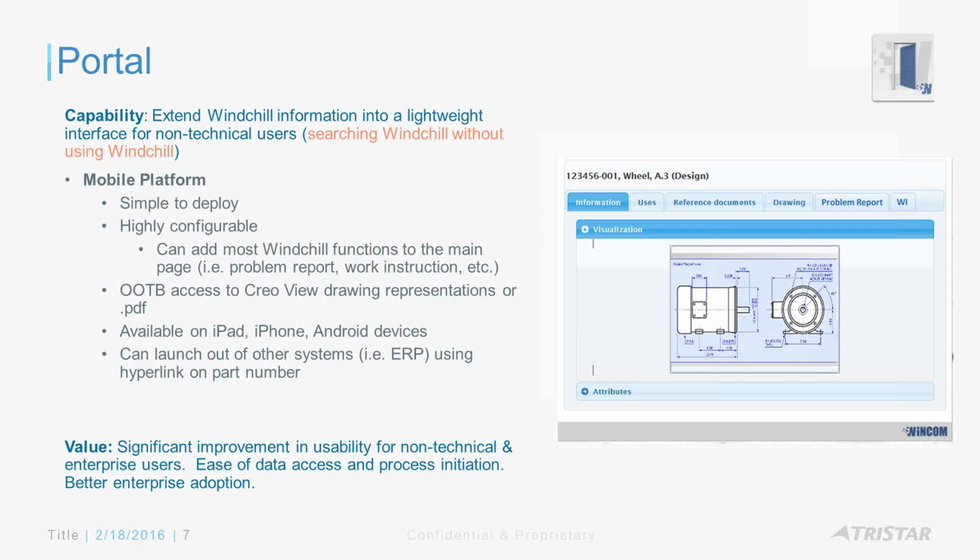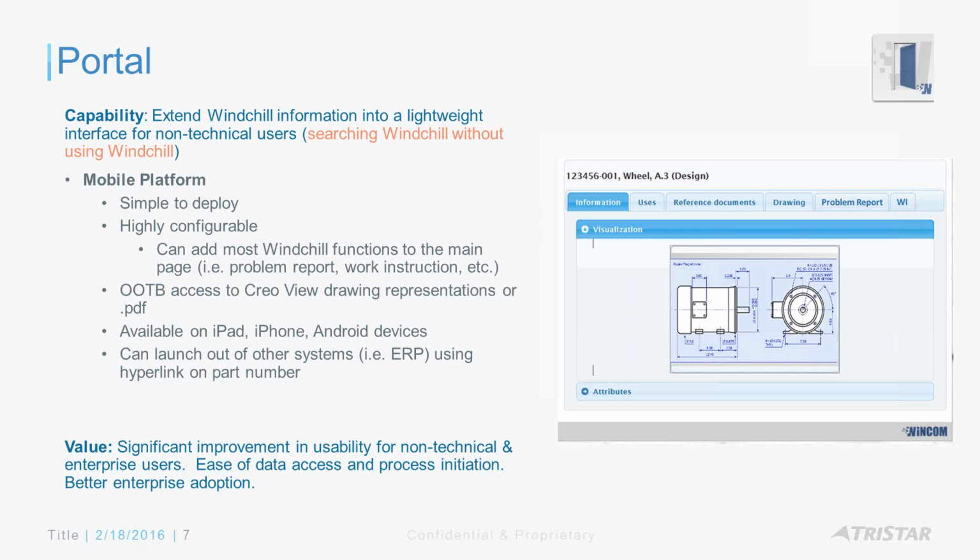They will show you information that exists in Windchill and other information that you may pull into this app. This is a lightweight app, so it's very easily accessible on a tablet or a phone. It's already designed for that format.